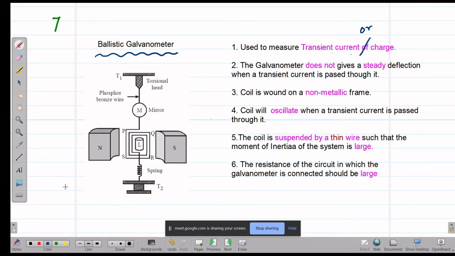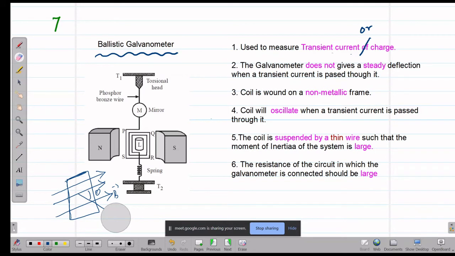In whichever position the coil comes to rest within this magnetic field, the magnetic field lines will always be perpendicular to the length of the coil and parallel to the breadth of the coil. Therefore, the angle theta between the normal to the plane of the coil and the magnetic field B will always be 90 degrees.